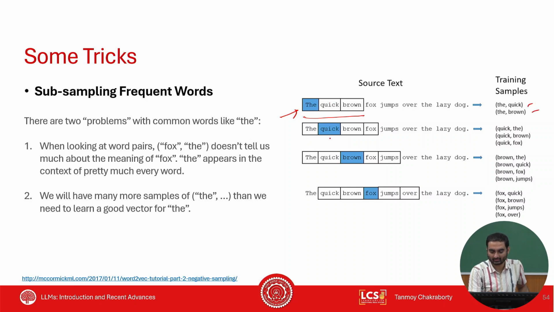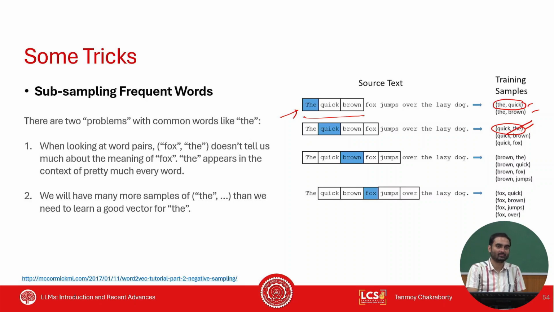From here, let's say quick, the, quick, brown, quick, fox, and so on. If you look here very carefully, quick, the and quick, the are basically the same, isn't it? Because ultimately we will take the dot product of two vectors. So I can ignore one of these instances.